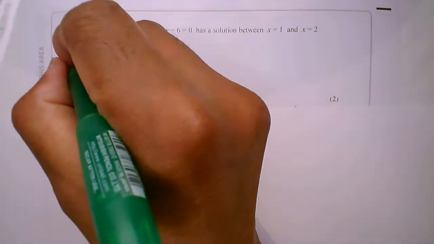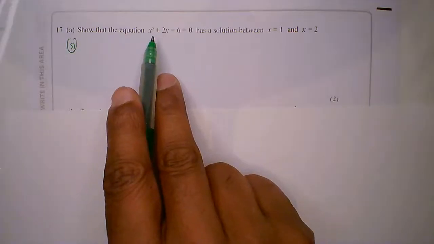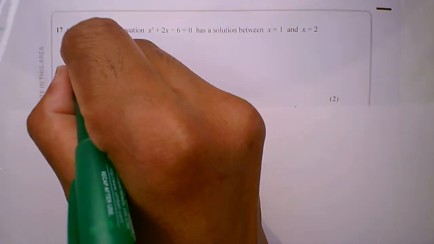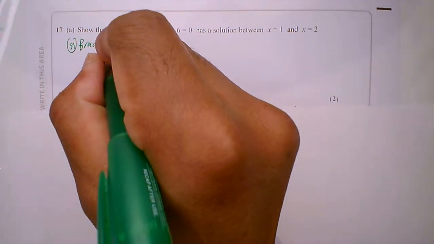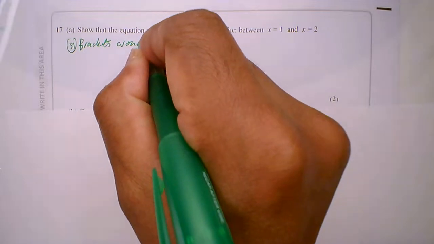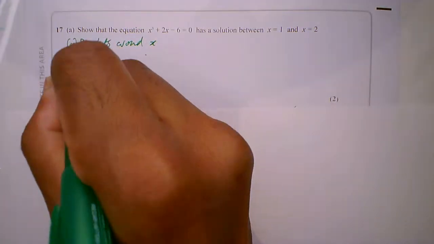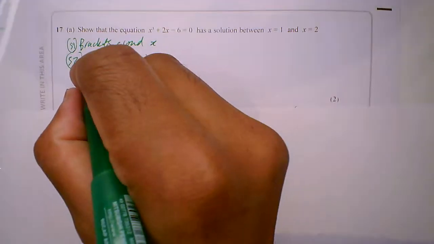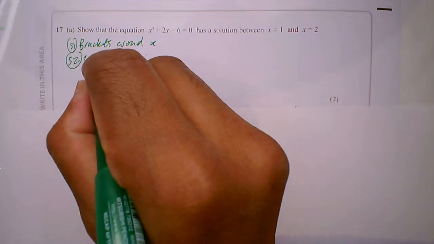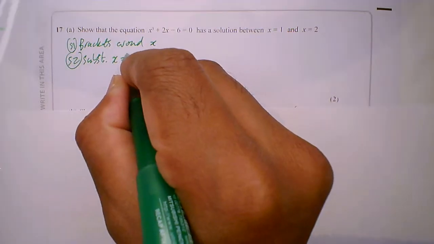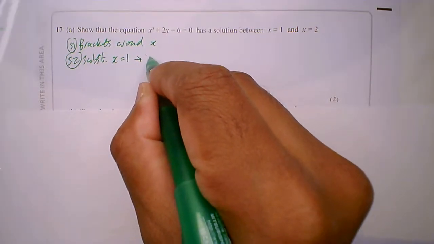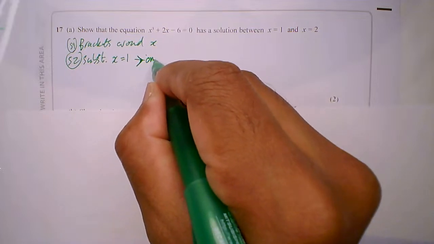So step 1 is I'm going to put brackets around x. Step 2, I'm going to replace it with x equals 1, substitute x equals 1, and that will give me an answer with a sign.